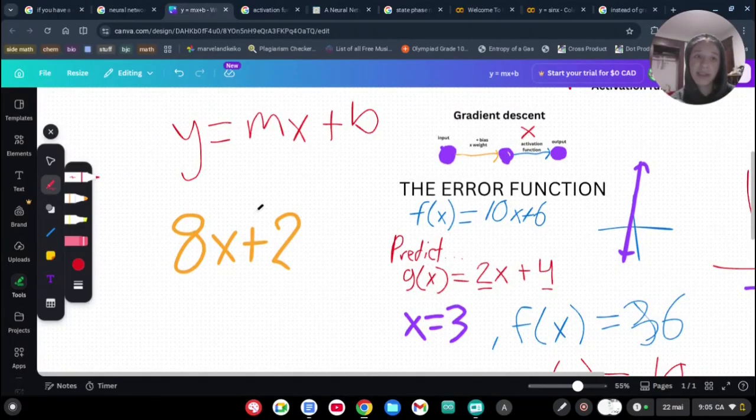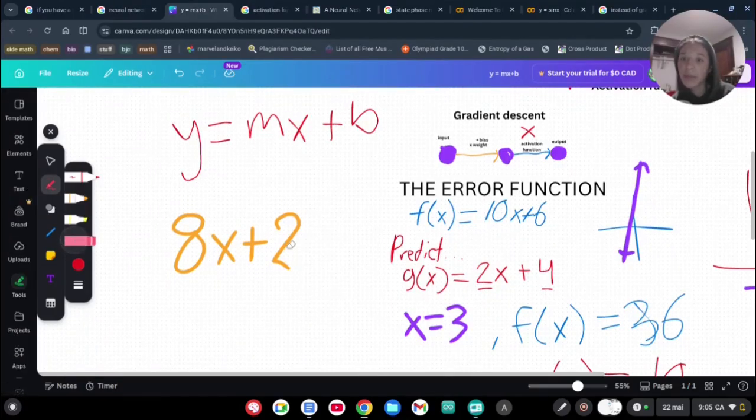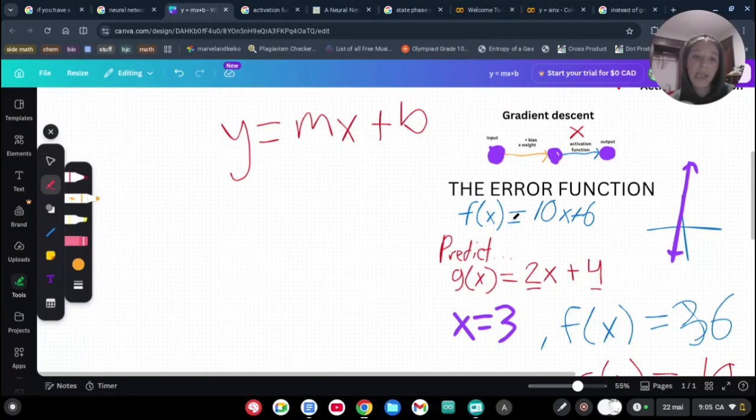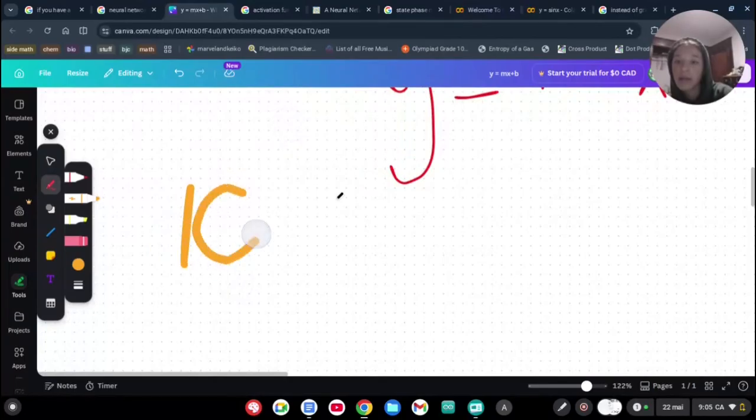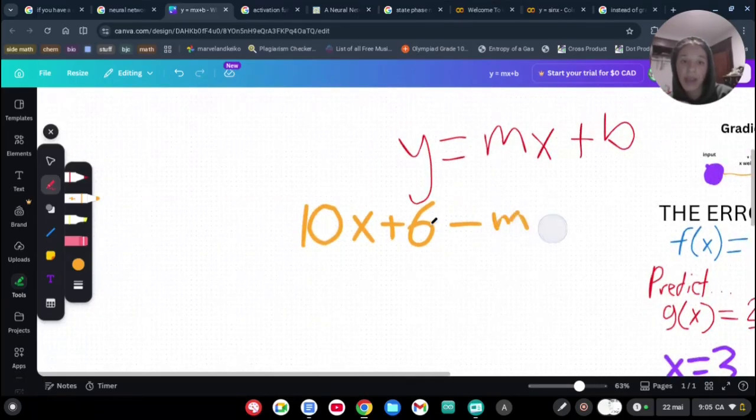I guess we can do an attempt at this. Let me do some erasing. Yep. So what I will have is my error is f of x minus this, so I have 10x plus 6 minus my prediction, which will be mx plus b.